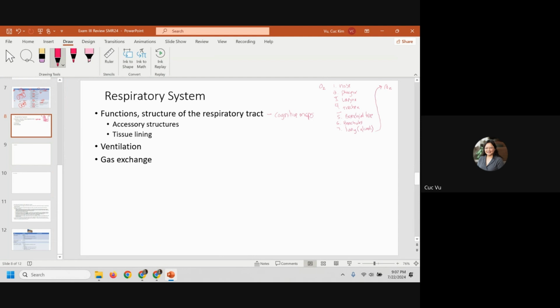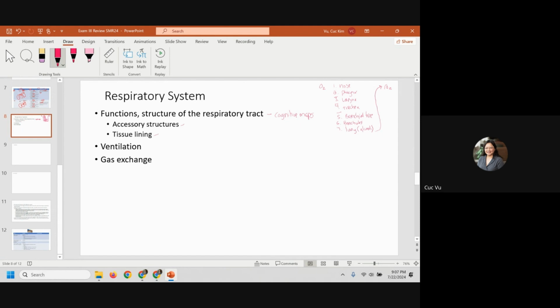All right. So you would essentially want this list and then be more detailed in terms of what accessory structures you would find along there and what tissue lining. And same thing, the tissue lining seems really hard, but once you get the hang of it, you'll find that the tissue lining actually matches with its function. So for example, along the pharynx, if it's just air, it would be pseudostratified columnar epithelium.